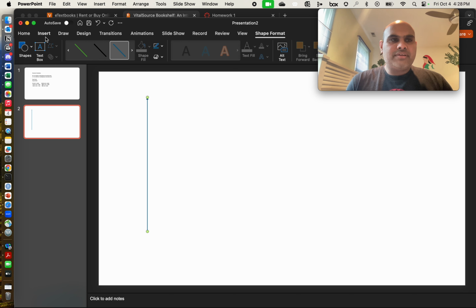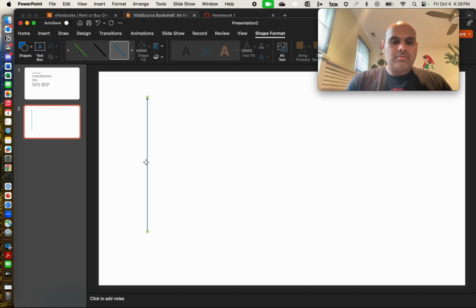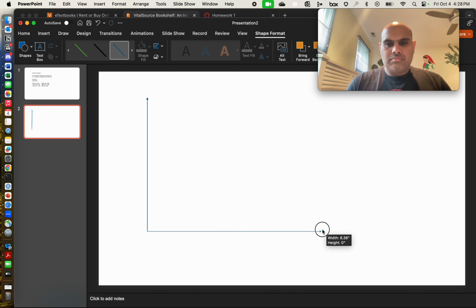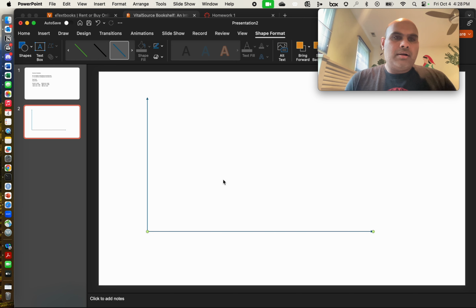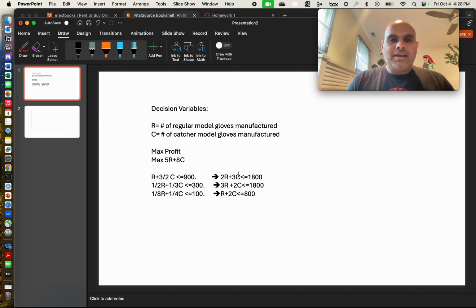And then now let's have an x-axis. All right, so I have my x and y axes here. Now what I'm going to do is I'm going to draw here. No, before we do that, let's find the endpoint.